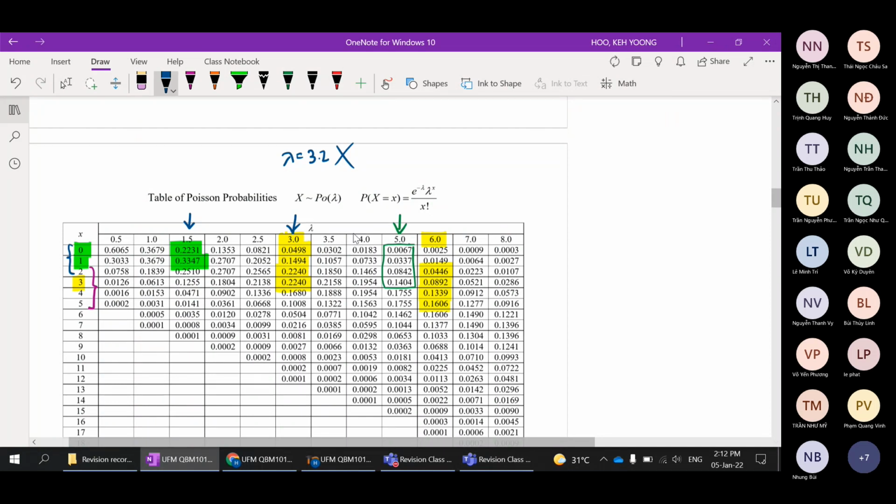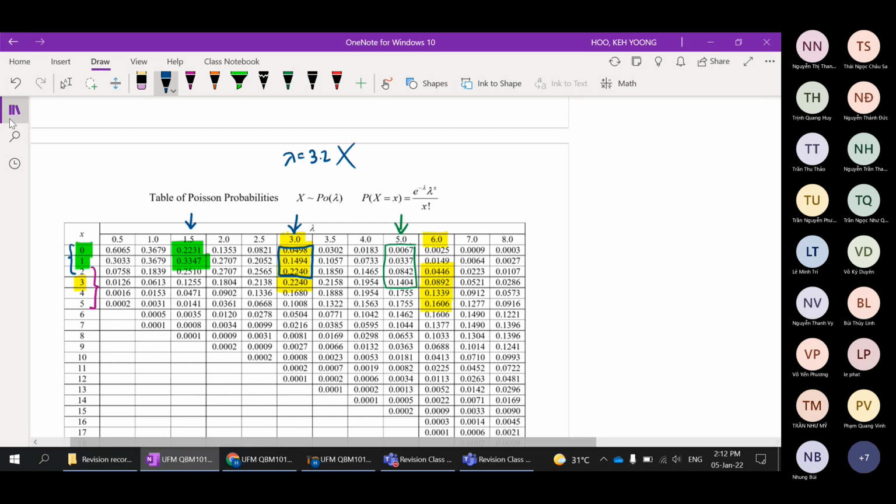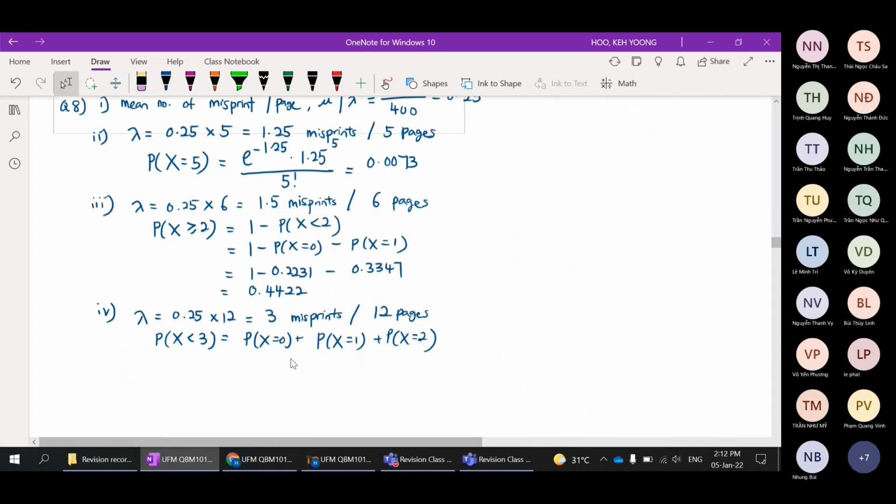You want to find x equals 0, 1, and 2, so this is 3 probabilities. You add up these 3 probabilities. If you can't find it from a table, remember, use the formula. So the final answer would be 0.4232.